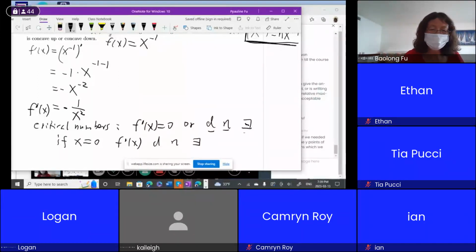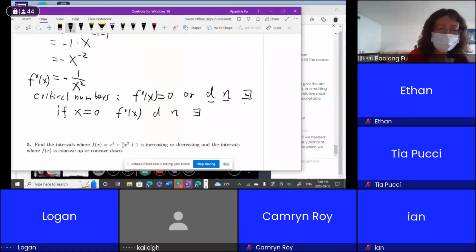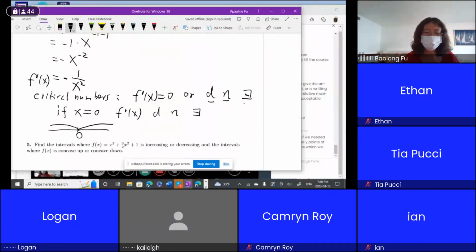That point divides the real number line into two intervals. Once you have two parts, you determine the sign of the first derivative.